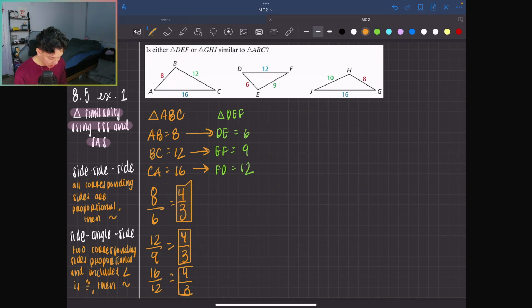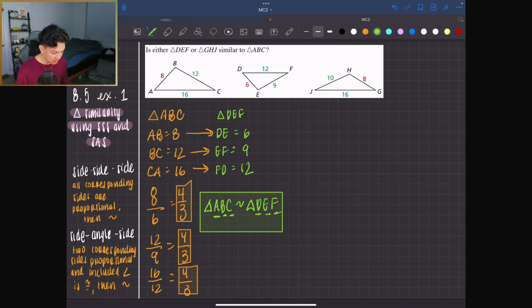If all corresponding sides are proportional, then they are similar. So what can we say? We can now say that triangle ABC is similar to triangle DEF. Make sure that all of these are corresponding: A corresponds to D, B to E, and C to F, okay?